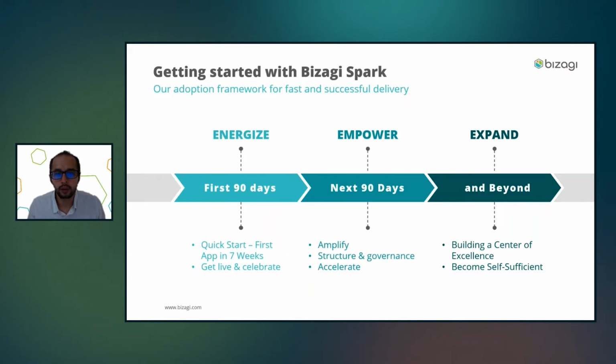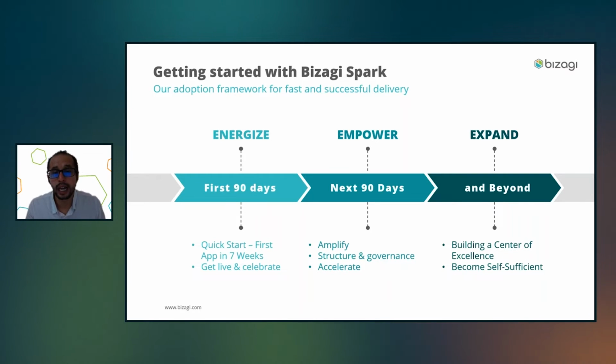In the empower, the idea is to take every single lesson that we learned in the energize, what we did correctly, where we have improvement opportunities, how we can do something faster, how we can modify things in a much better and smarter way, and replicate that, not for just one process, but for multiple ones. So in that way, we continue delivering automated processes during this empower stage 2.